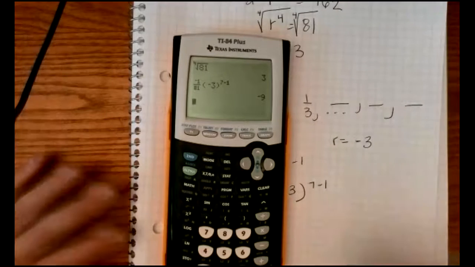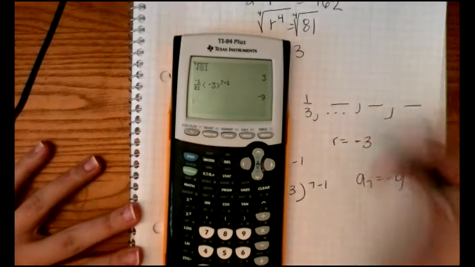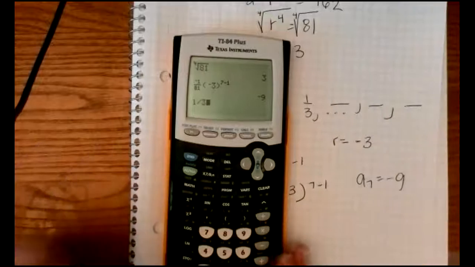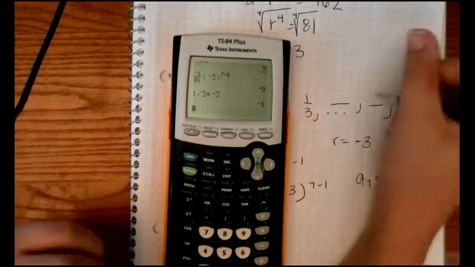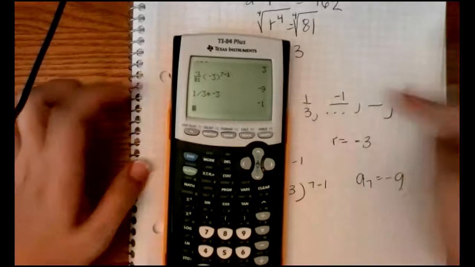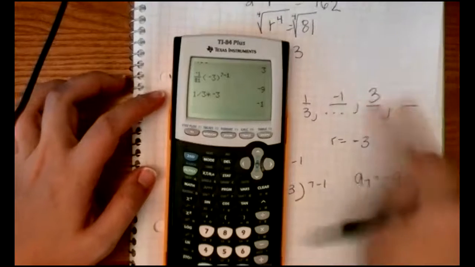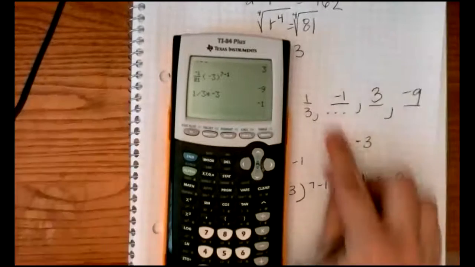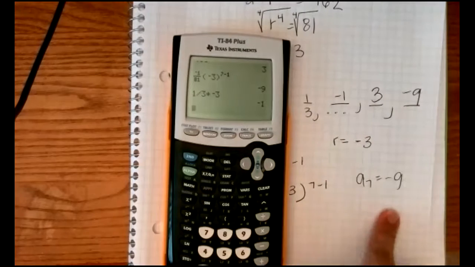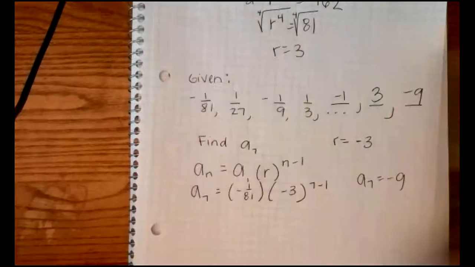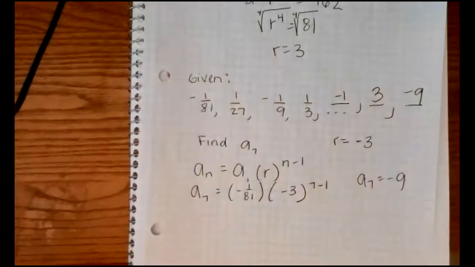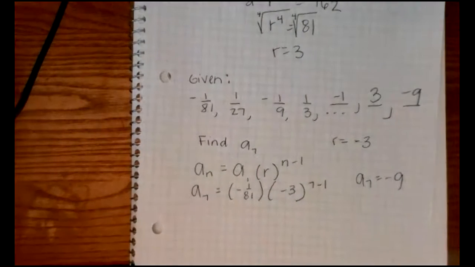All right, and again, you could have very easily just done 1/3 times -3, -1 times -3, 3 times 9. You could have worked it out by your list, or you can use the formula. You kind of get to pick which one you think is going to take you less time, depending on what they ask.